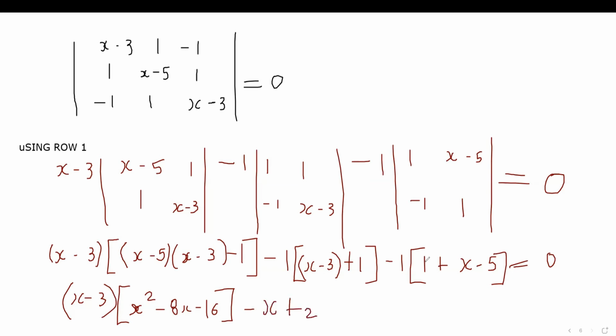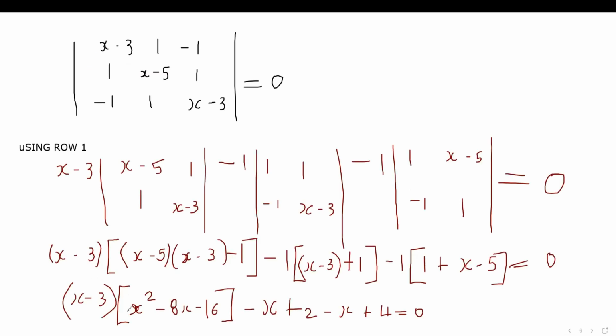Then finally this part now, 1 minus 5 is negative 4, but then the minus makes it minus x plus 4, and this equals 0. So now we have one more simplifying to do, which is to expand this part, and then we get a cubic equation. So that seems like a lot of work. x times all of this, then minus 3 times all of this, that's going to be x cubed.